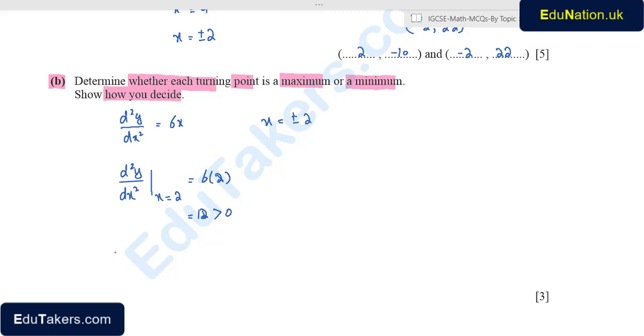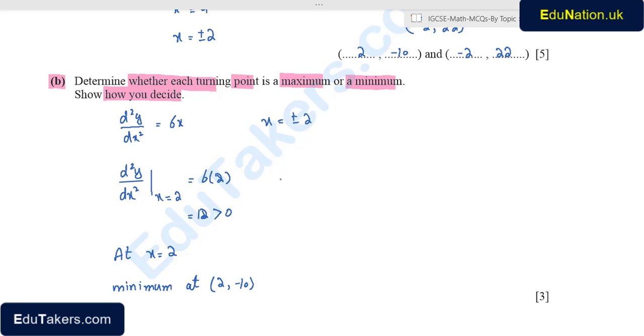So at x is equal to 2, this turning point will be minimum. Minimum at 2, minus 10.